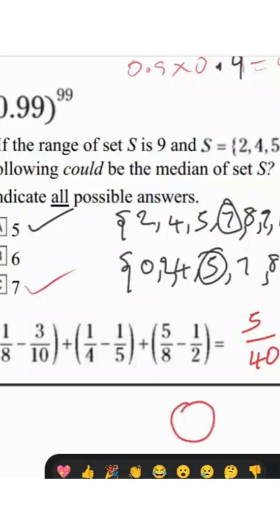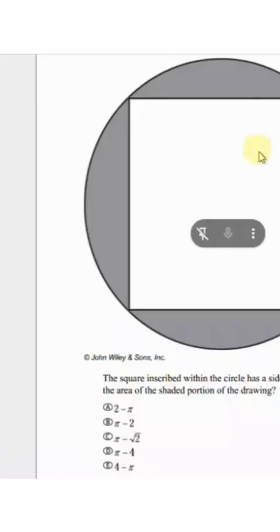So the answer to this is 0. We move to the next thing.